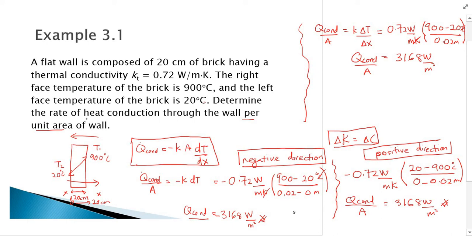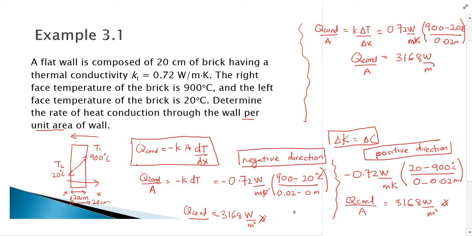So you need to determine the rate of heat conduction through the wall per unit area of the wall. So here, first you write down the Fourier law equation, and since the question asks you for rate of heat conduction per unit area, you bring the A term to your left side.